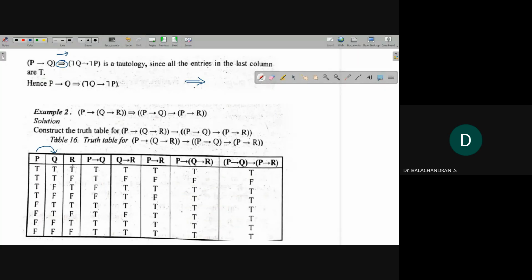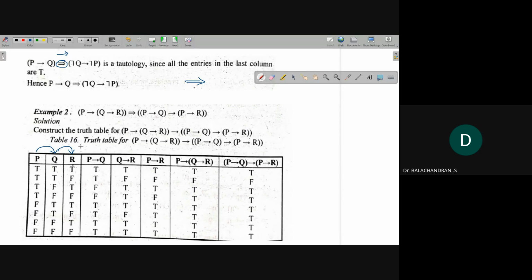Similarly, you need to fill up Q implies R. TF is here, so F. Remaining all other cases, it is true.